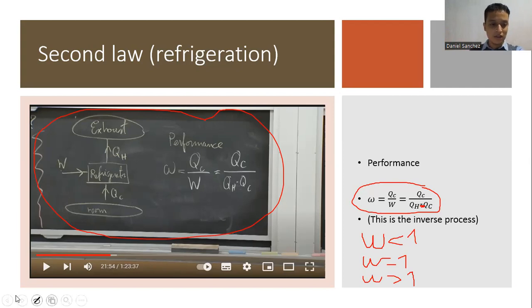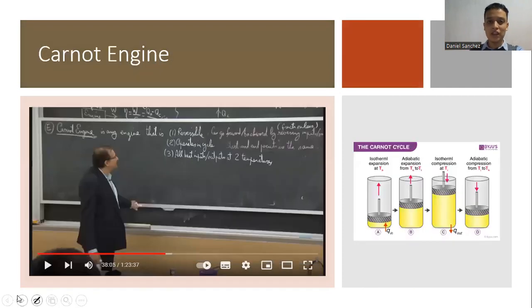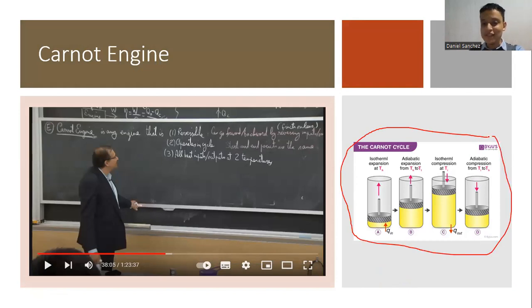And then we have the Carnot engine, which is an idealistic process that doesn't exist. It's impossible to do this in real life because in this process you are going to take advantage of all the energy.